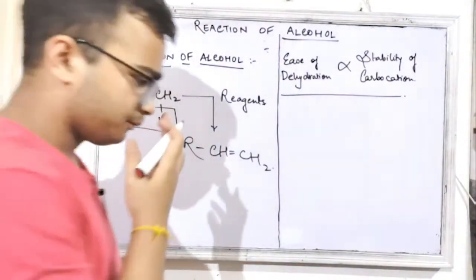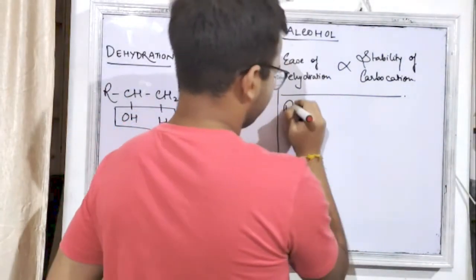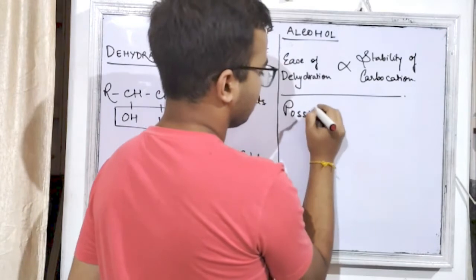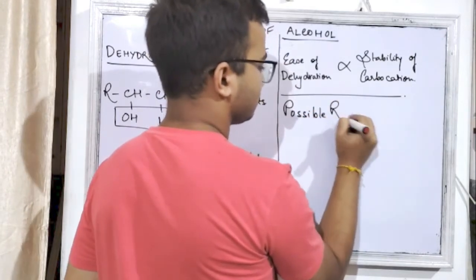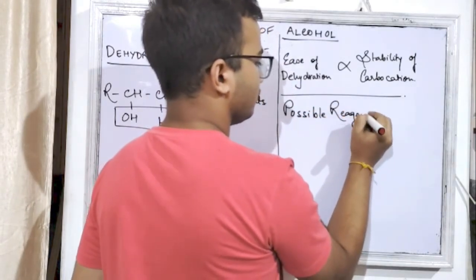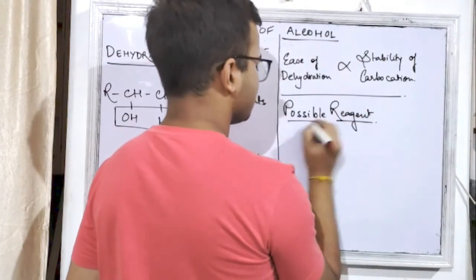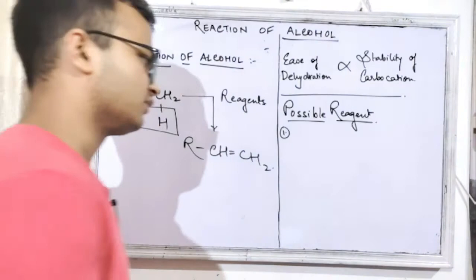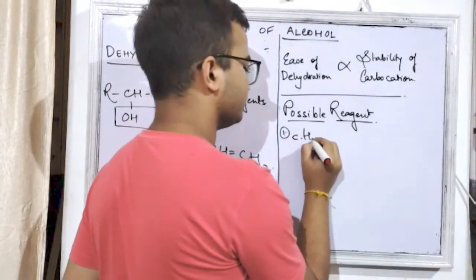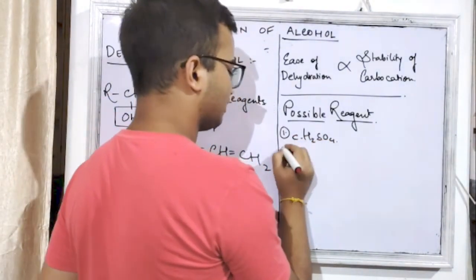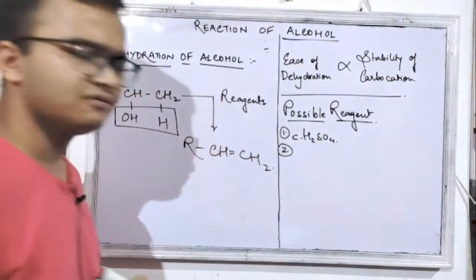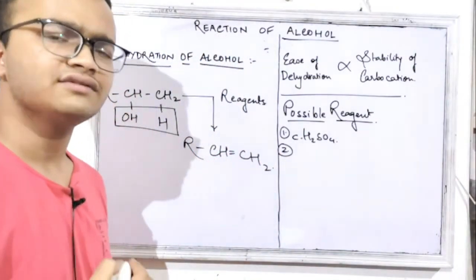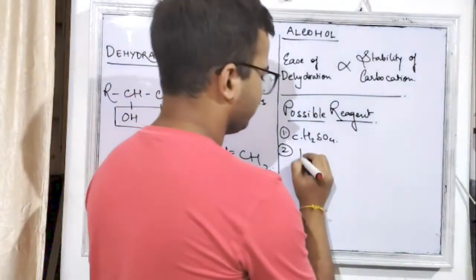Give the heading possible reagents. Under number 1 we have the obvious one, concentrated H2SO4. After this we also have H3PO4, which is phosphoric acid.